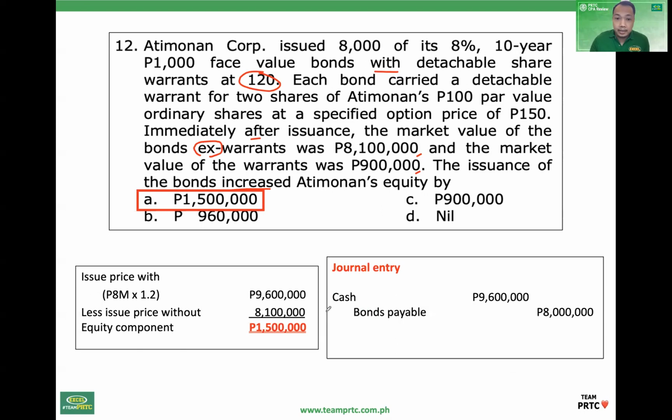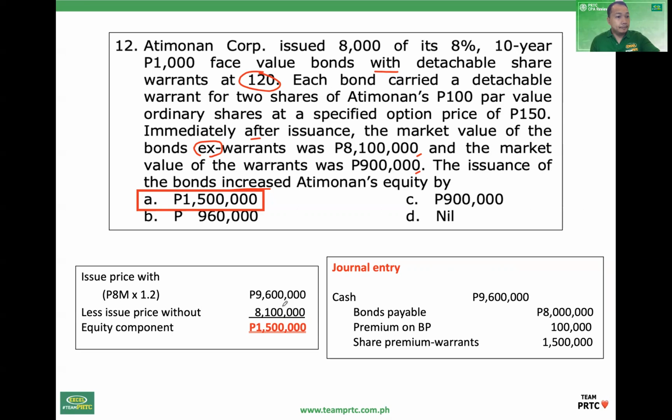The amount allocated to bonds, 8.1 million, so 100,000 premium on bonds payable. Then the equity component, the increase in equity, share premium, warrants. So the split is made at initial recognition. With and without method.